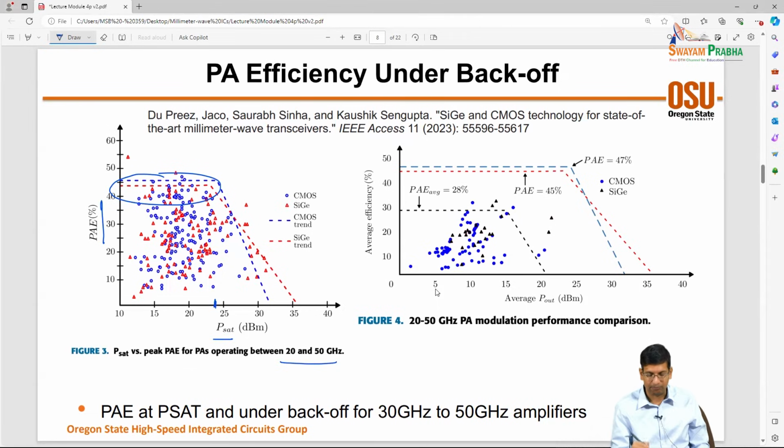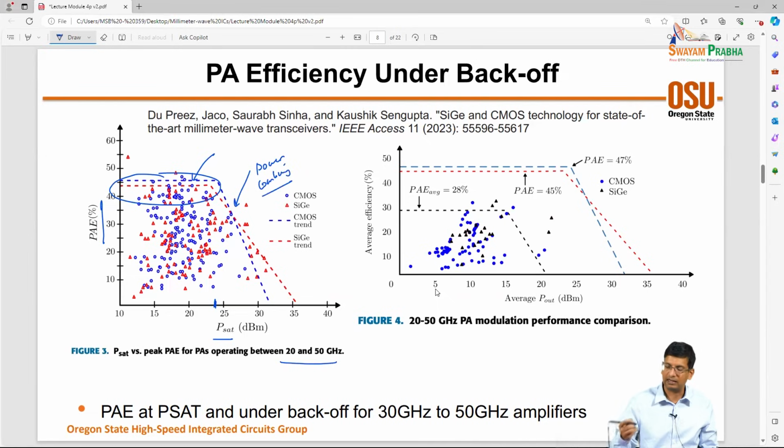And then beyond that, the efficiency starts falling, because this over here is the power that you are getting from a single PA, and then over here, we are power combining multiple PAs together.